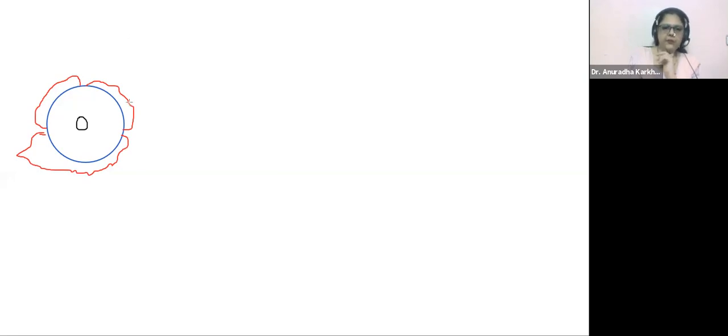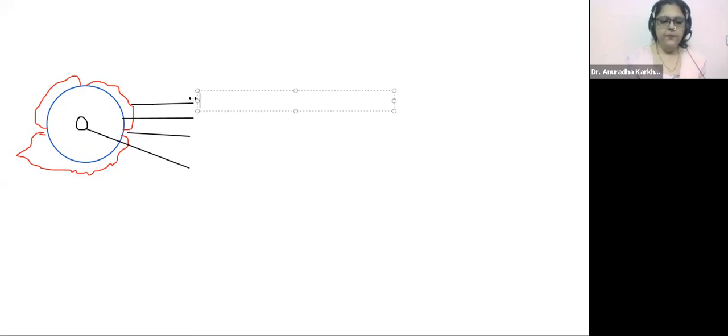Now I'll tell you the labels. You can see the red one, you can see the blue one, right? Here you can see a gap. Can you see a gap? Now let us label them.